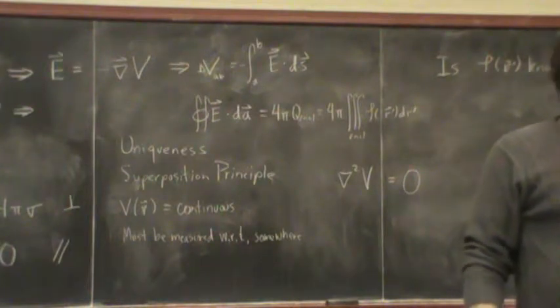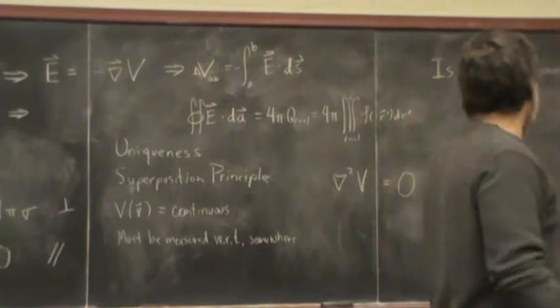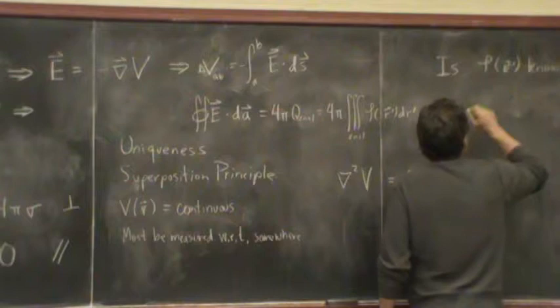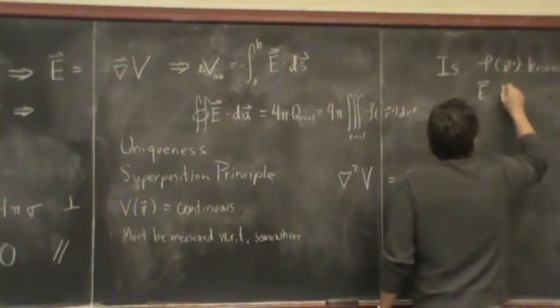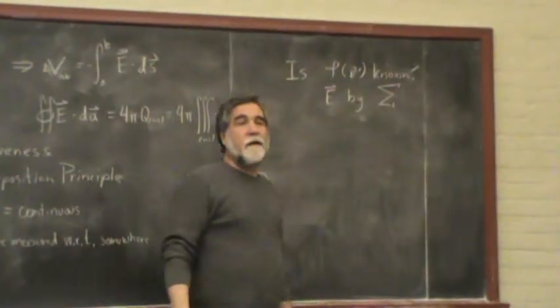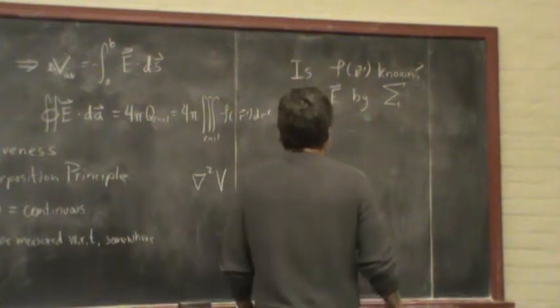There's one set of circumstances where you wouldn't necessarily do this, but if the charge density is known, you find the electric field by summation of where the charges are. You might have to integrate, maybe not.